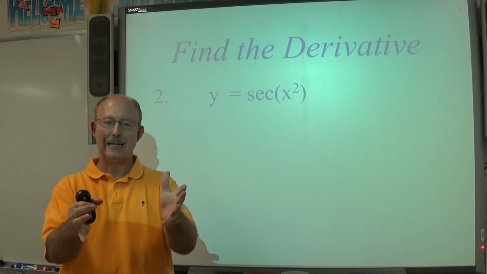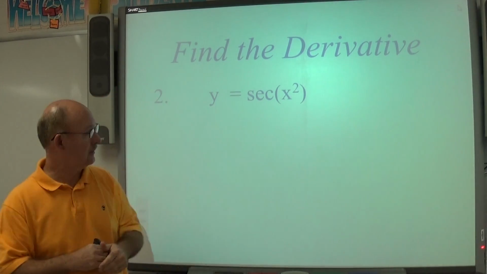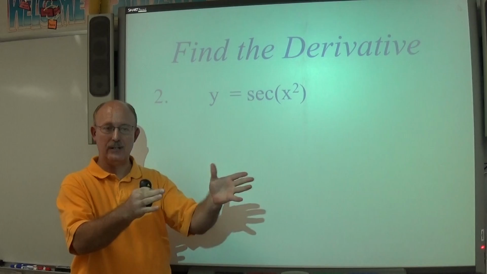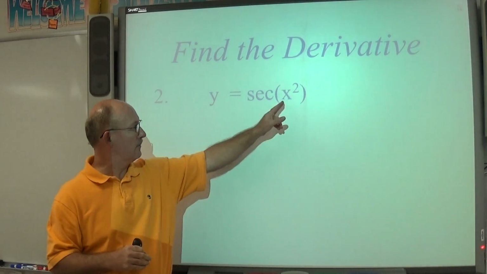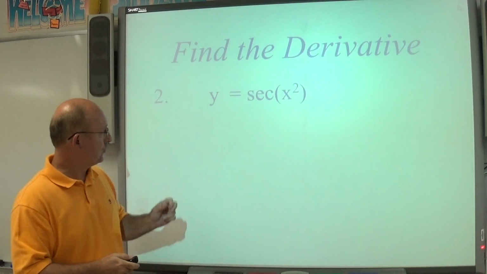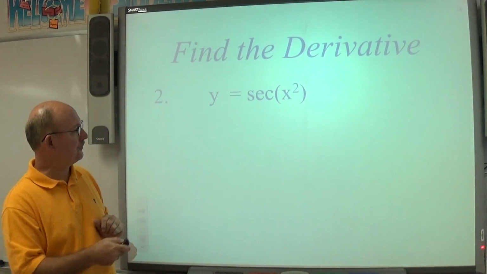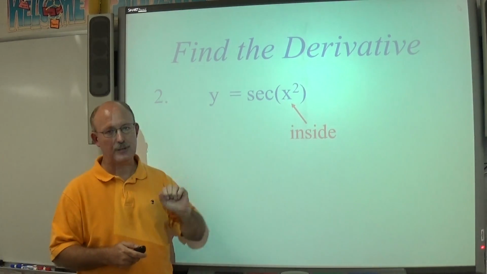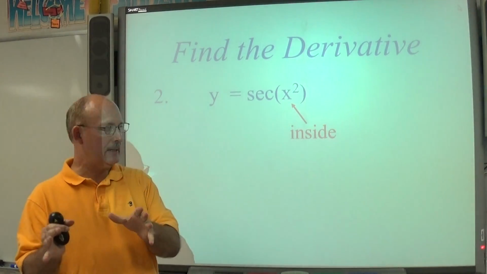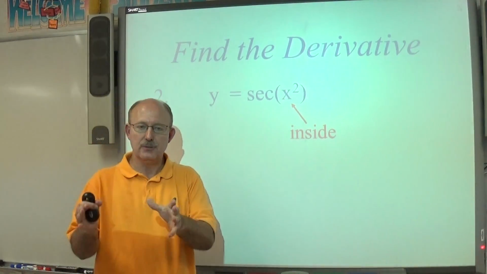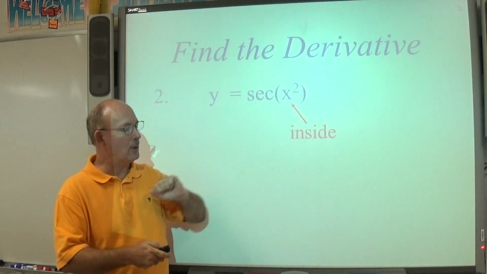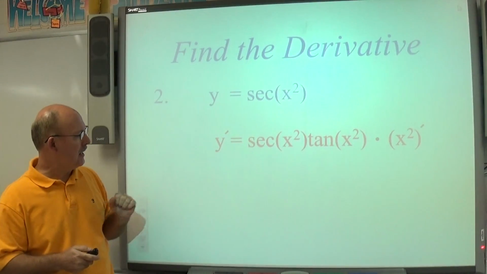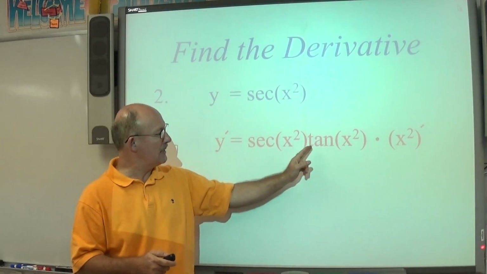So what we're going to do is take the derivative of the outside. The derivative of secant is secant tangent. And then we'll take the derivative of the inside, the derivative of x squared. That's your outside part, this is the inside part. The derivative of secant x would be secant x tangent x. So the derivative of secant x squared would be secant x squared tangent x squared.